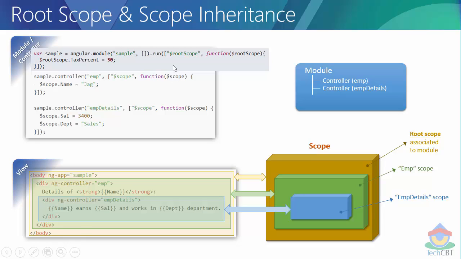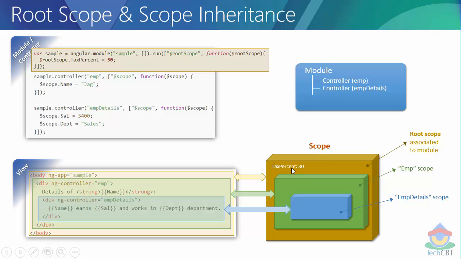Okay, so now we know that the module currently has a run method which is using $rootScope. Now I can say I would like to add a member called tax%, which is just a property. This member property will be added to $rootScope with a value of 30. And the moment this part gets executed by AngularJS, inside the rootScope I am going to have a member called tax% with a value of 30 assigned to that member.